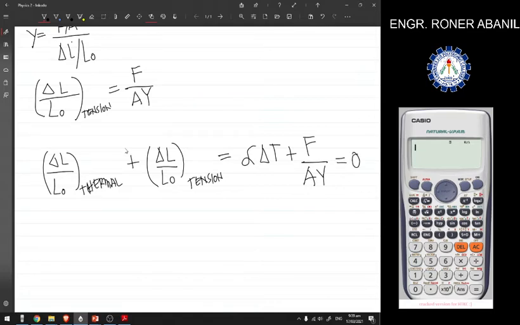Equate natin to sa 0 kasi nga, yung change ng length natin is magiging 0.